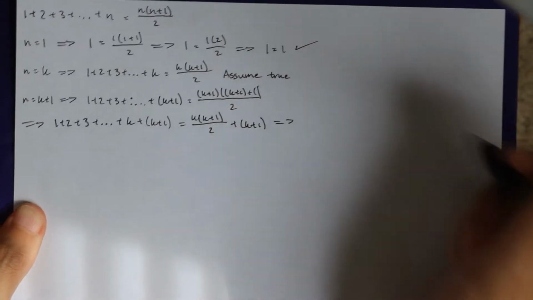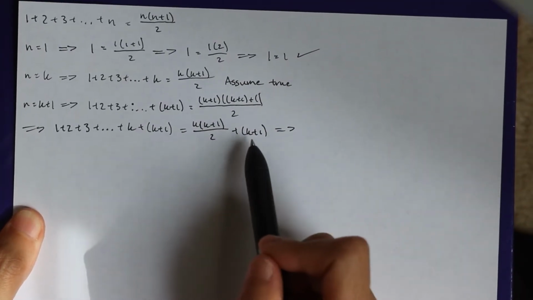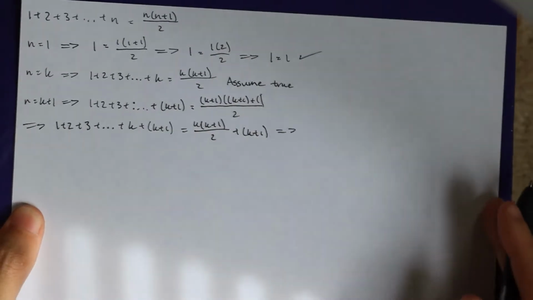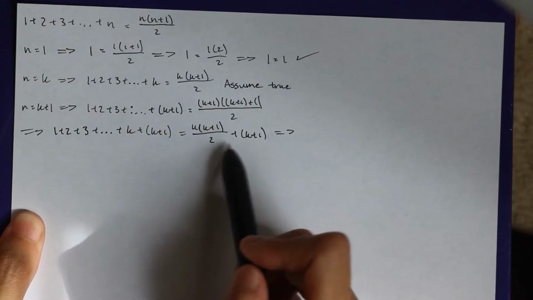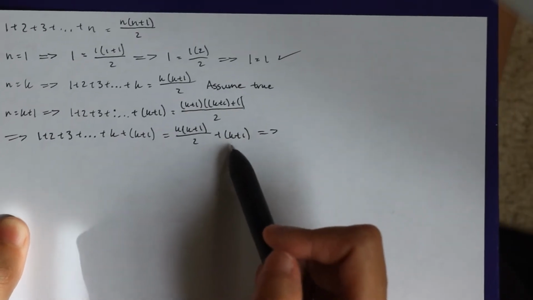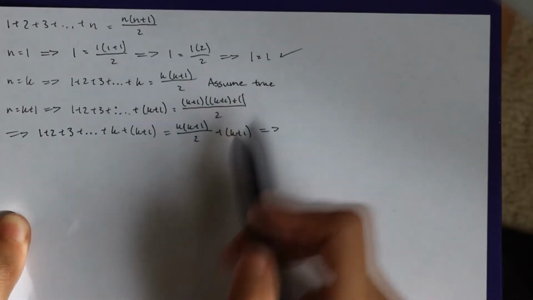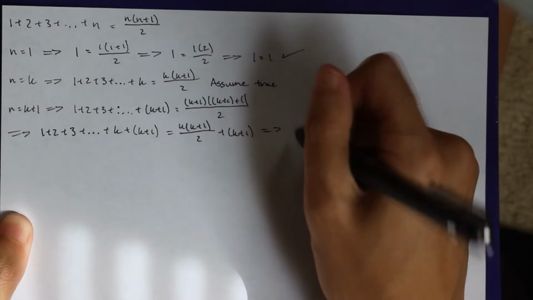We want to have a common denominator for both so that they can be added equally without any trouble. So we can cross multiply. This is the same thing as saying k plus 1 divided by 1, so we can cross multiply from there.